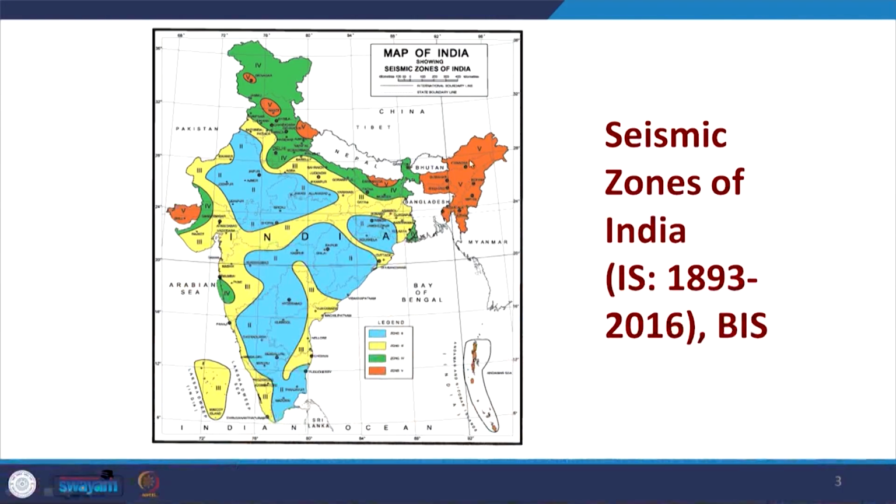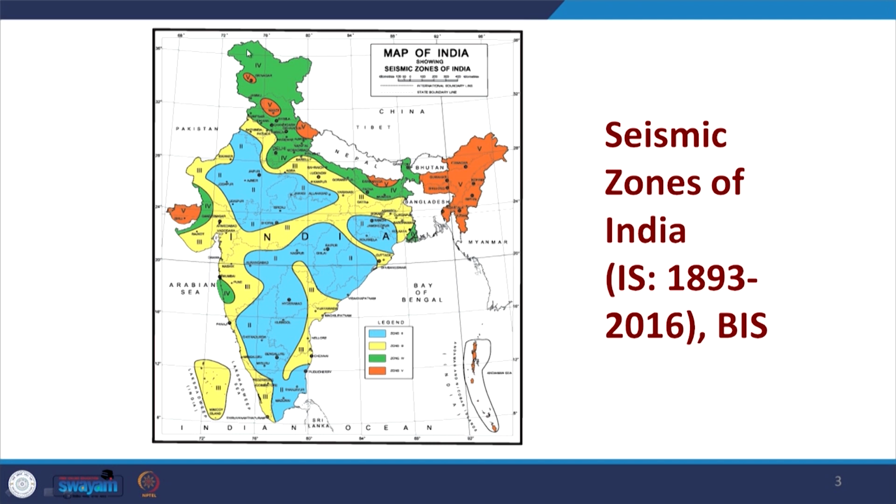You could see that this is the map of our country showing seismic zones of India. The country has been divided into 4 zones: 2nd, 3rd, 4th and 5th. There is no zone 1st because the zone 1st has been merged with zone 2nd. So, you could see from this map clearly that the whole of the Himalayan region lies either in zone 4 or zone 5.